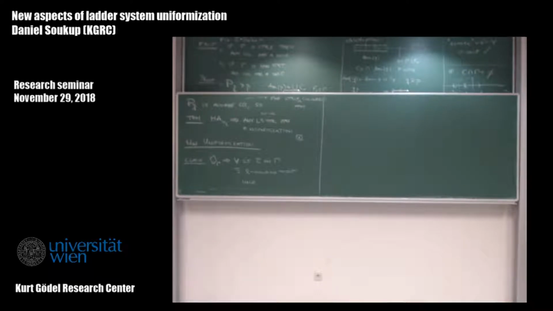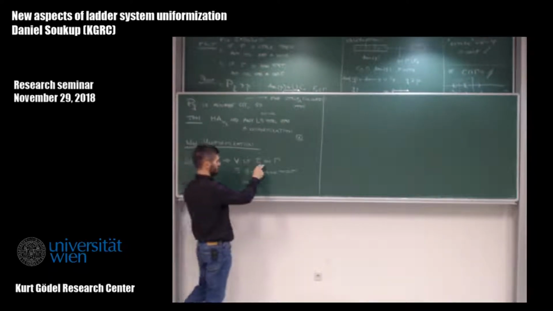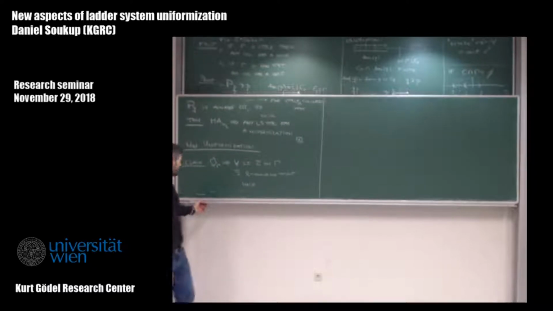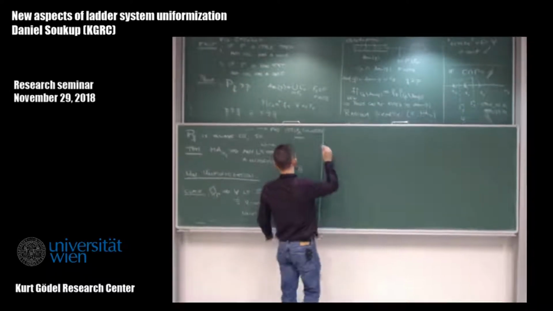If diamond holds on this set gamma, and I'm going to explain what diamond on gamma is, then no matter how the ladder system is given, you can always locally color it with 2 colors such that there's no global function uniformizing. Okay, so let's see this quickly.